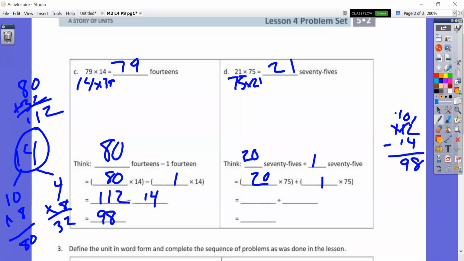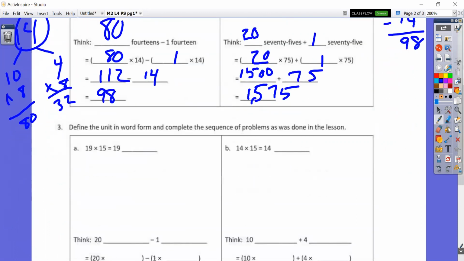So if I think about 2 times 75, if I doubled 75, that's 150. But I'm multiplying by 2 tens, not just 2, so it should be 1,500. And then I'm adding another 75 to that. So this should be 1,575. Again, if you need to stack and add to solve that, please do.